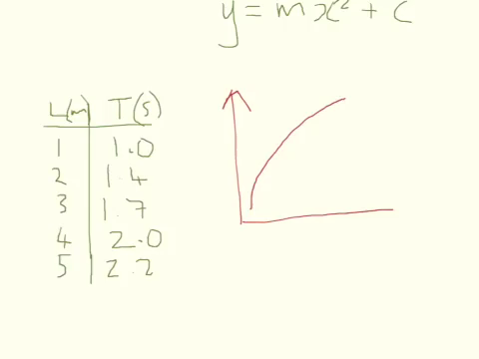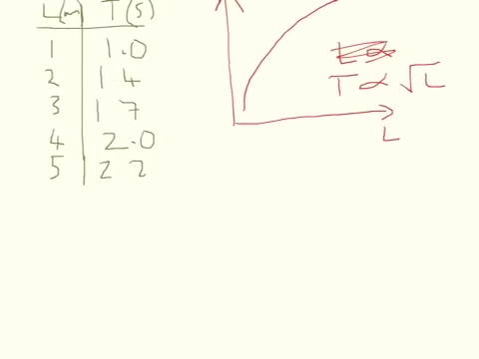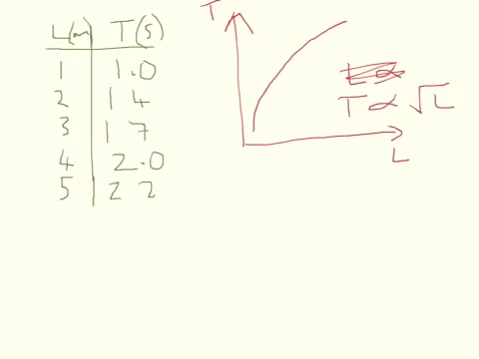Okay, so the curve tells us that T is proportional to the square root of L, because L is our independent variable, which we'll put down here, and T is our dependent variable. So what we're going to have to do is square root our L values because L is on that axis. Square rooting the L values gives us this same set of data, because that's how I got that data.